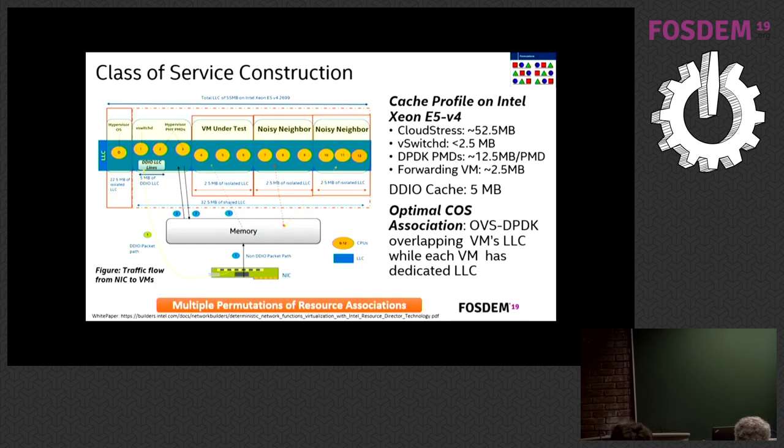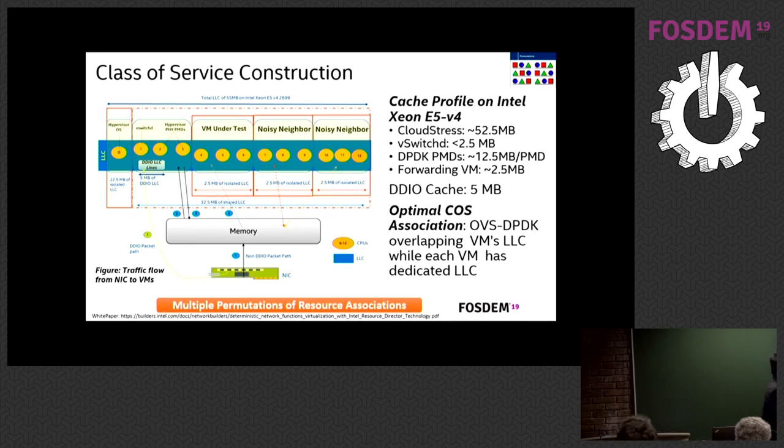And if you add up the cache required for the vSwitch infrastructure, we gave the rest of the combination of that to the vSwitch, basically the PMDs and the vSwitch daemon. The Cache Allocation Technology allows you to overlap the cache. Basically here, these VMs are isolated for their cache, and the vSwitch is overlapping the cache with the VMs.